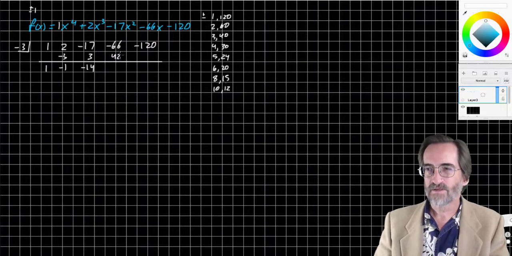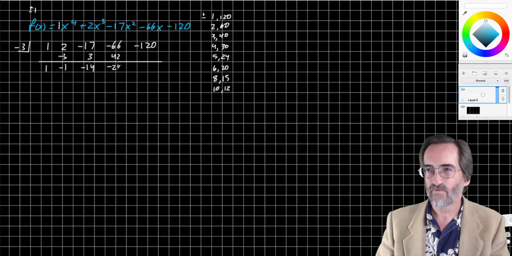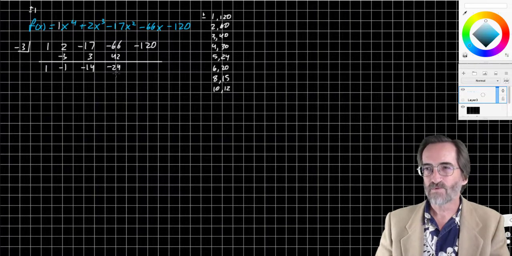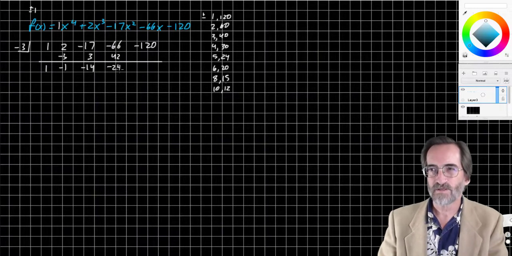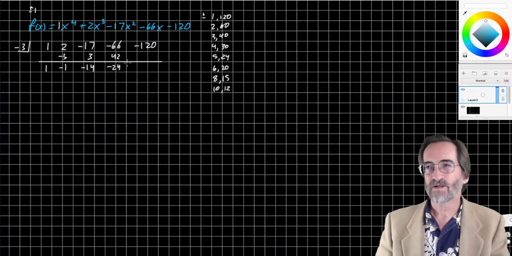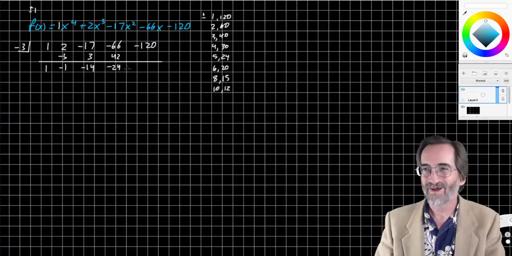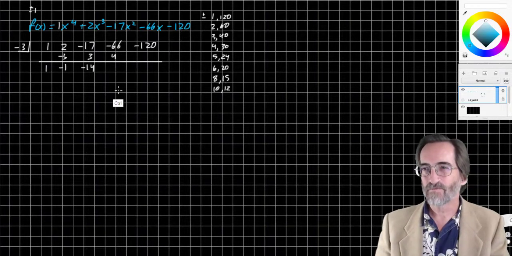Okay, negative 66 less 42 is negative 24. 3 times 24 is 72. Yeah, that's not it either. Okay, because negative 3 is not a solution. So 3 doesn't work.